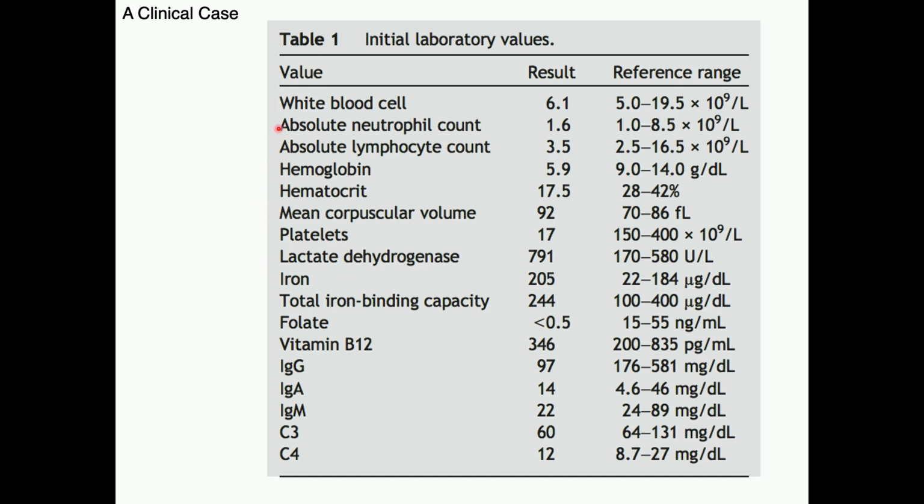I should note here, I was focusing on the red blood cells, but that lack of nucleotides can impact other cells as well. In this case, let's see, the lymphocytes were normal here.